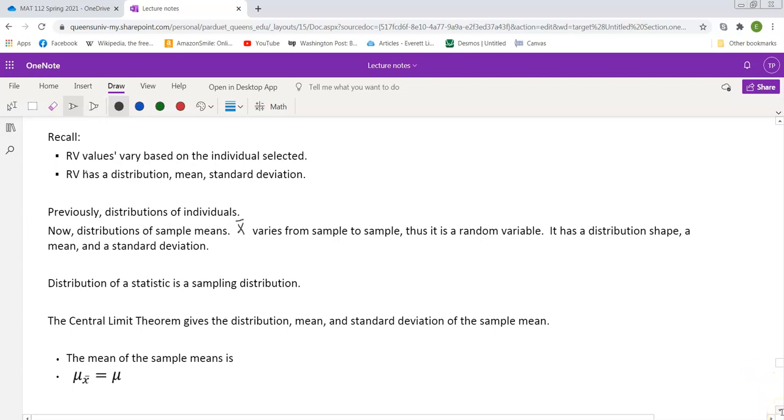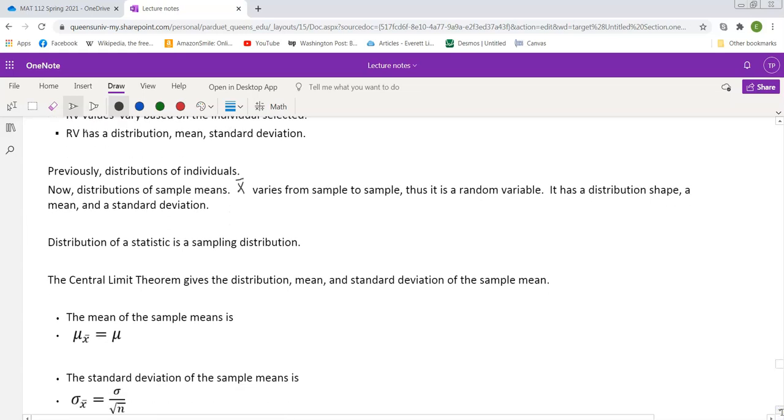So the central limit theorem is important to us because it tells us the distribution, the mean, and the standard deviation of that sample mean. Imagine this at the outset.